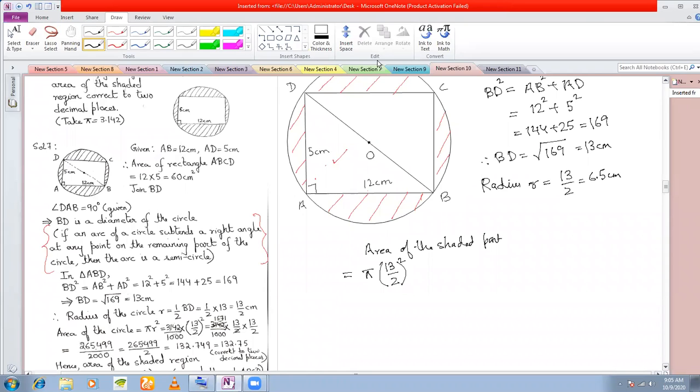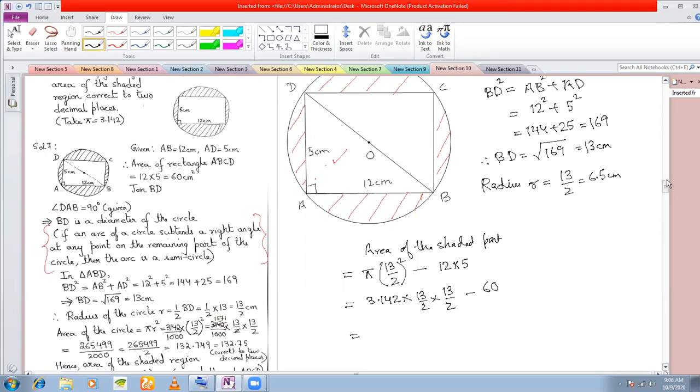Pi into 13 by 2 square minus area of the rectangle, which is length into breadth, 12 into 5. So you put 3.142 into 13 by 2 into 13 by 2 minus 60.